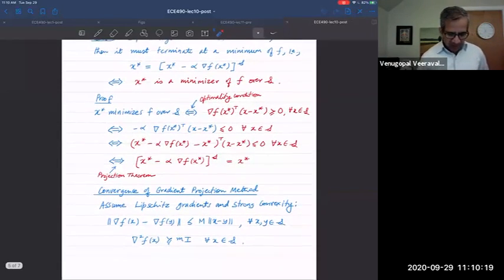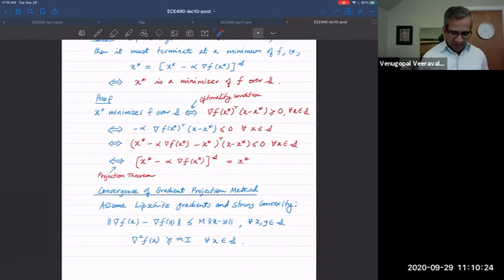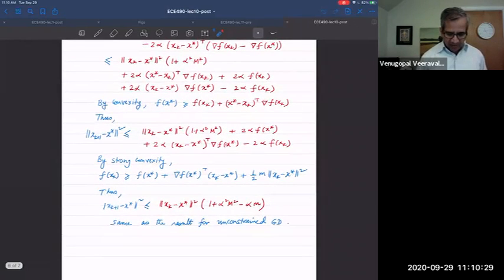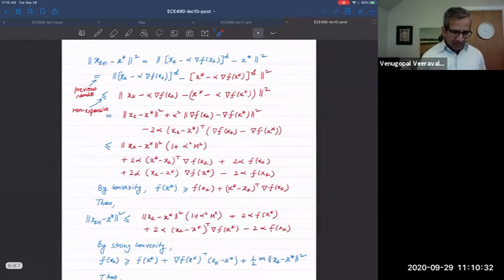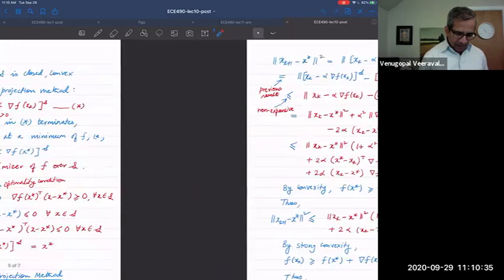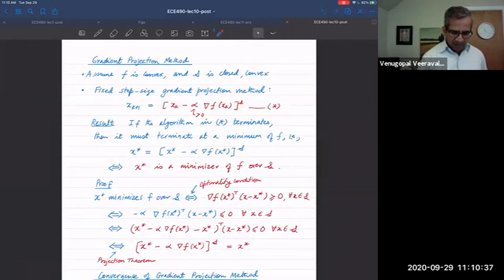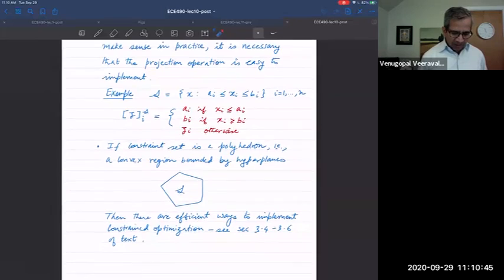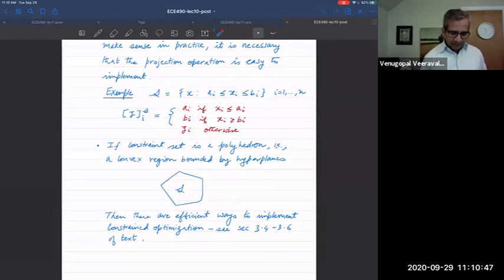And in fact, we used the strong convexity condition to establish a basically identical result for the rate of convergence as in the unconstrained GD, except that this projection operation that you need to do might be computationally expensive in many situations. For some special cases, and you'll see another special case in your homework, these projection operations are easy, but in general, that computation might be close, in terms of complexity, to the original optimization problem.